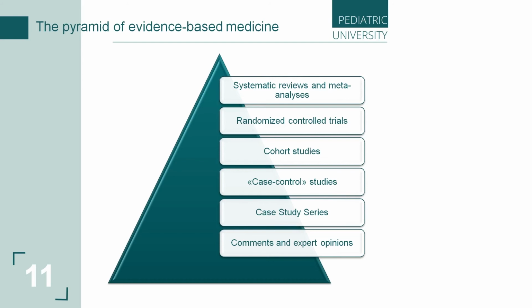All of the lower levels of the pyramid are also important for us, because they allow us to propose a new hypothesis. For example, we investigated a series of cases and obtained a new hypothesis that needs to be tested.